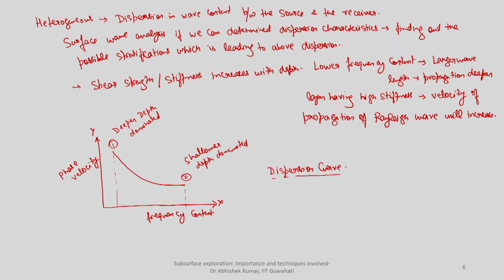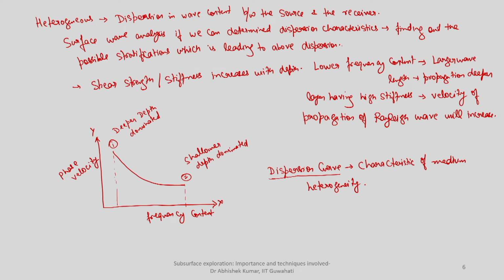So, this is called the dispersion curve, which is the characteristic of medium heterogeneity. In surface wave analysis, and I am repeatedly telling this, based on the dispersive characteristics of the medium, we are interested to find out the medium heterogeneity.